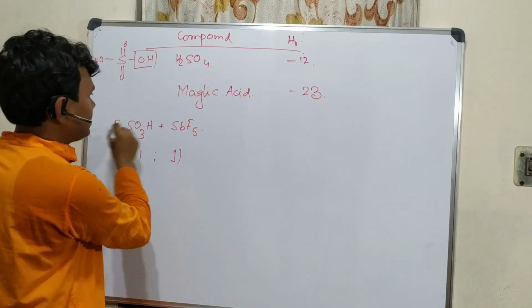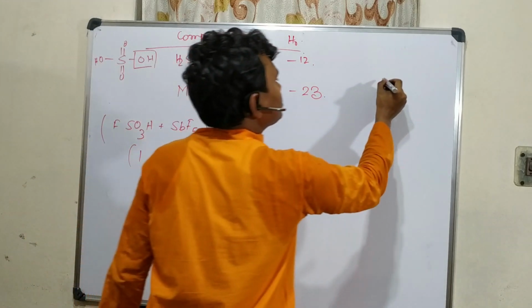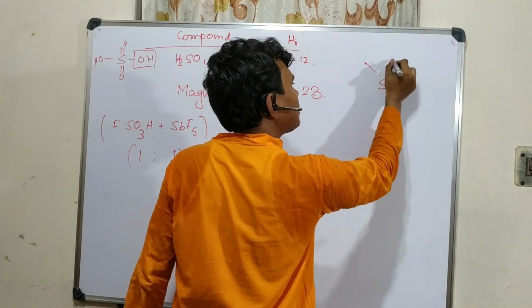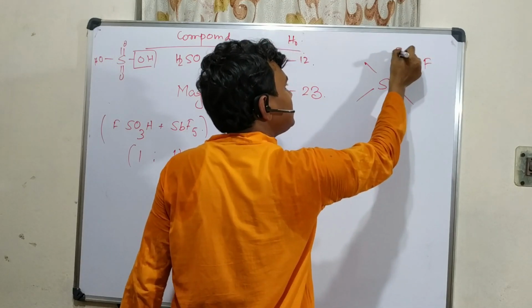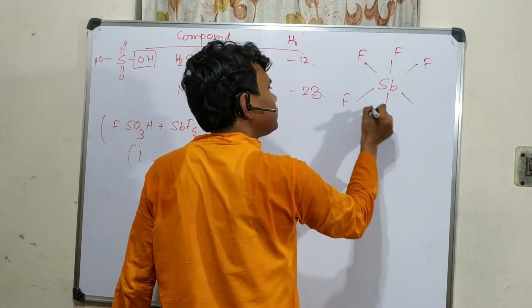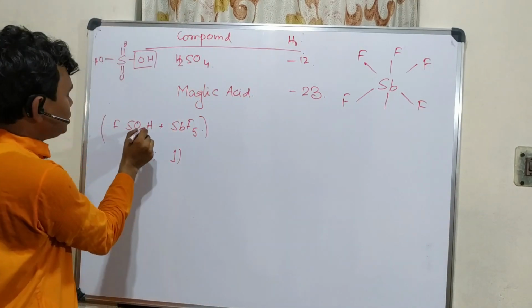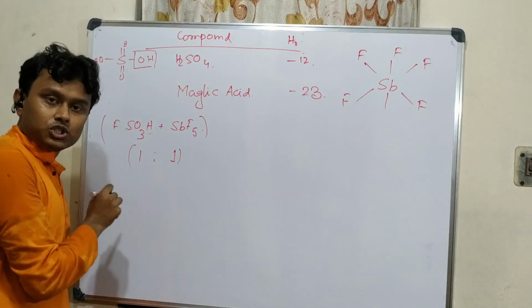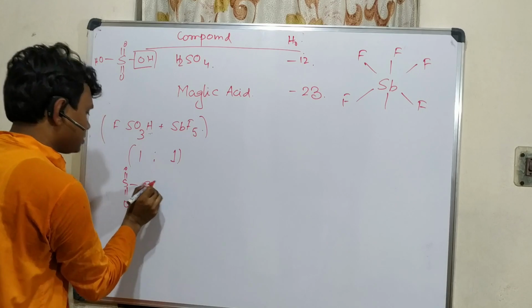So how is it that acidic? Because Sb prefers to have coordination number 6. Previously it had 5 fluoride ions, and after protonation, the proton comes from the SO3H, the S double bond O, this OH.